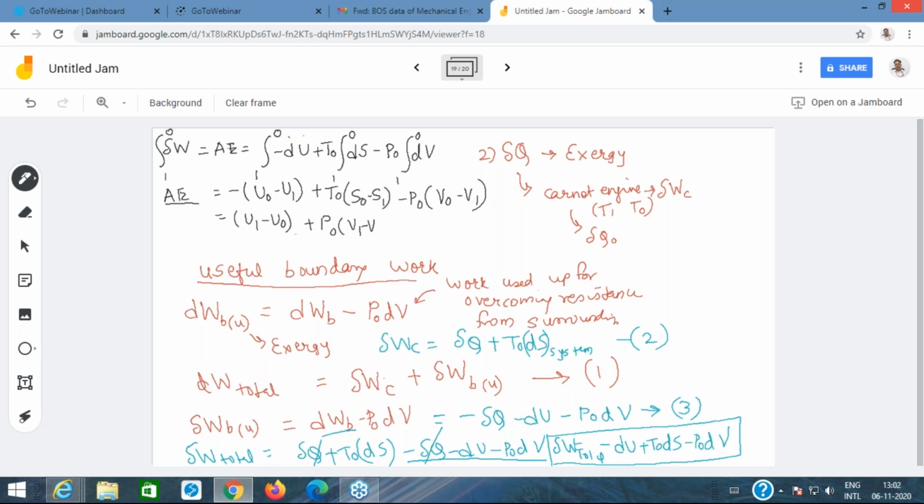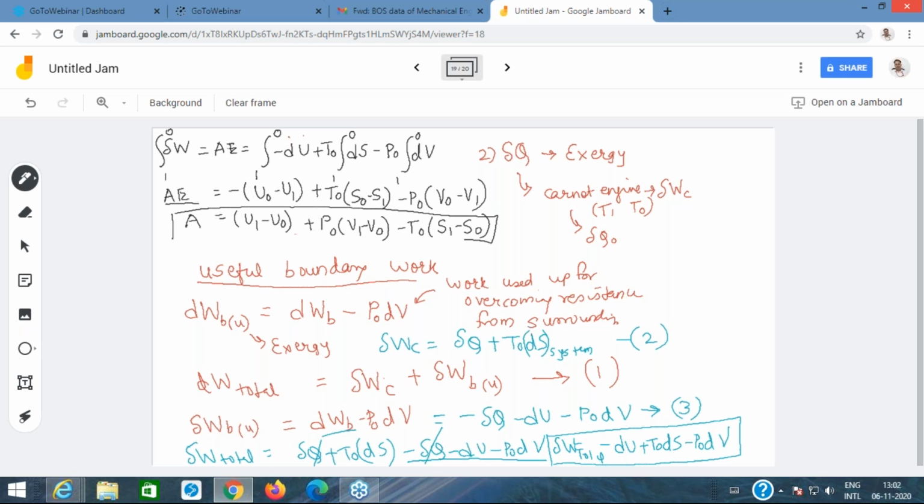Look at the sign which I have changed. I'm just changing the sign of the bracket. Minus T0 (S1 minus S0). So this is called the available energy of the closed system.